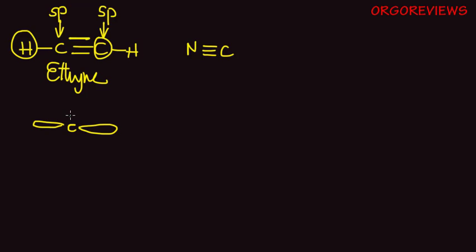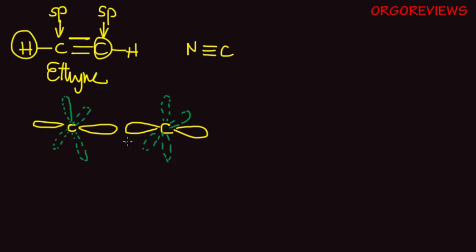And the other p orbitals that are not used in the hybridization are sitting around on this carbon in different directions. So you have one sitting like that, going perpendicular, and one going vertical. You have the same type of carbon on the other side, with two orbitals. And of course, the p orbitals are hanging in the same way, perpendicular and then horizontal.